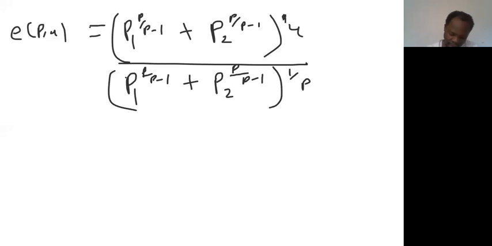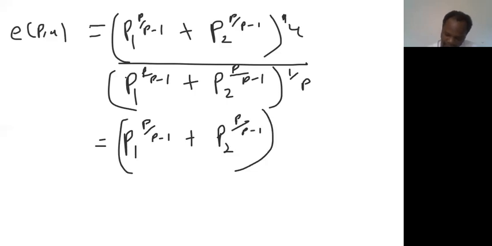That gives me P1 phi over phi minus 1 plus P2 phi over phi minus 1, raised to 1 minus 1 over phi, multiplied by U. Now 1 minus 1 over phi is the same as phi minus 1 all over phi.